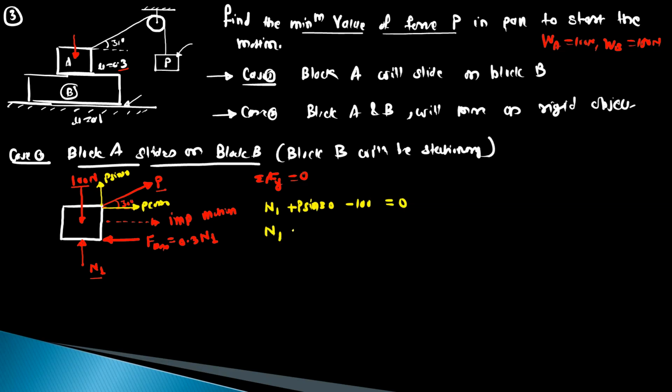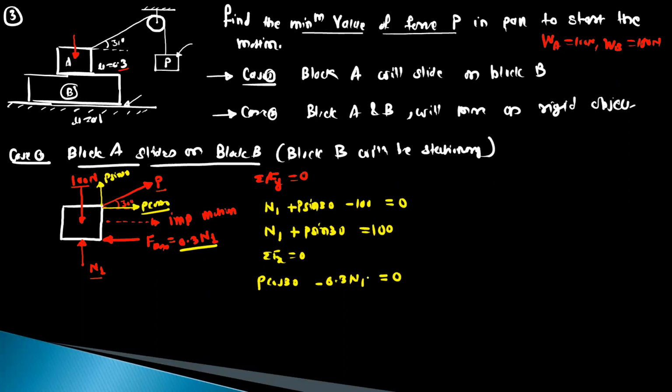So you will get the equation N1 plus P sin 30 equal to 100. Then use summation Fx equal to 0. For summation Fx, we have this P cos 30 minus this 0.3 N1, equal to 0.